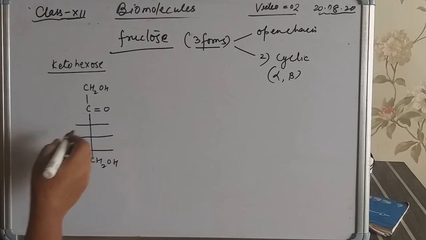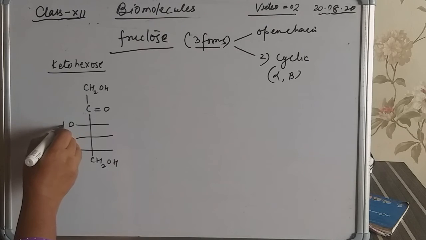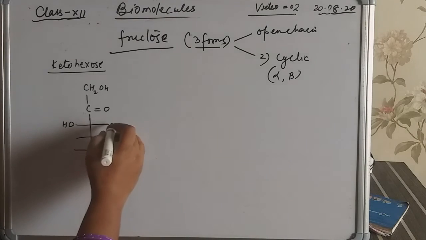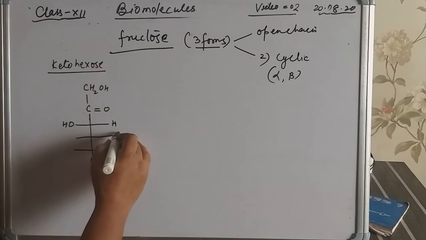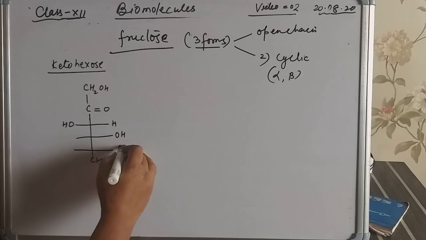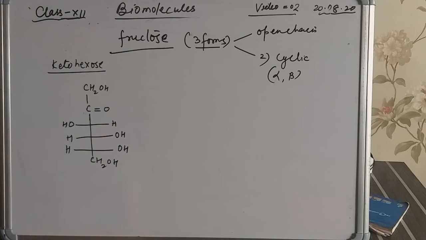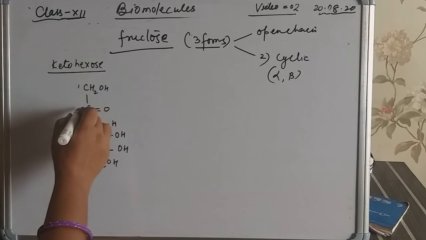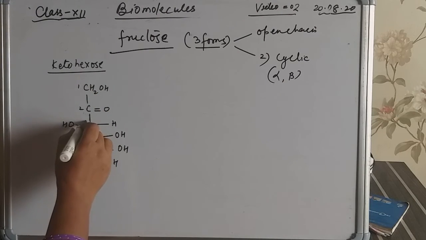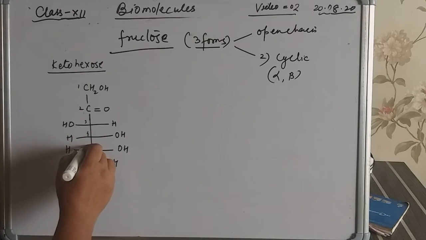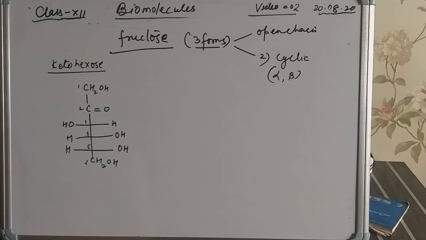The third position is the OH group on the left-hand side. So H, OH, OH, H and H, positions 1 to 6.